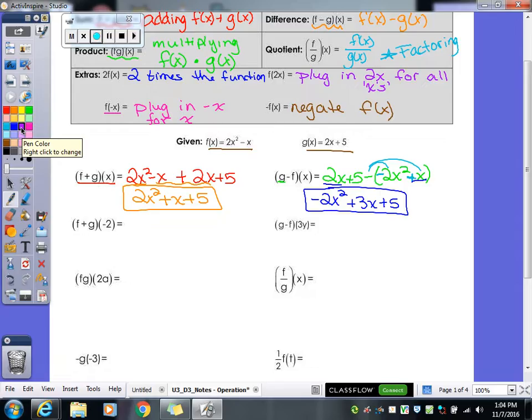So then our next row, f plus g of negative 2. This is telling you to add the functions first. And then once you've added them together, you're going to plug in a negative 2. But the convenient thing for us is, didn't we already add them together? Yeah, we did. We did up here in this one. So all I'm going to do is plug in a -2 now for all of my x's.